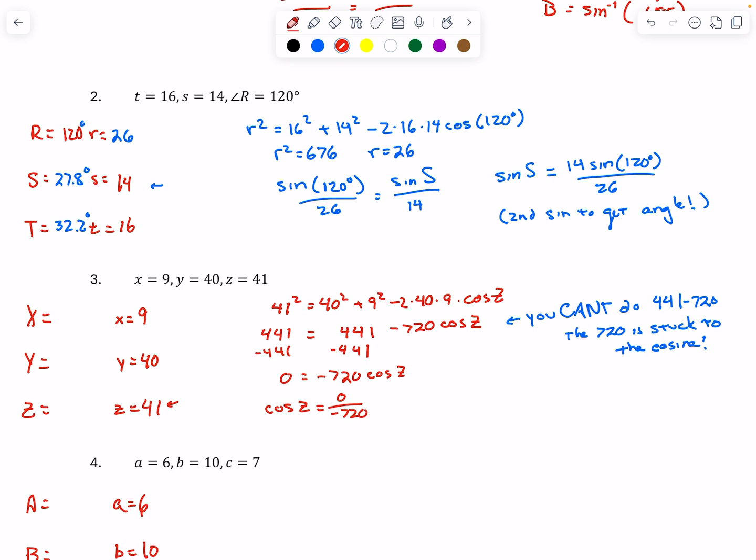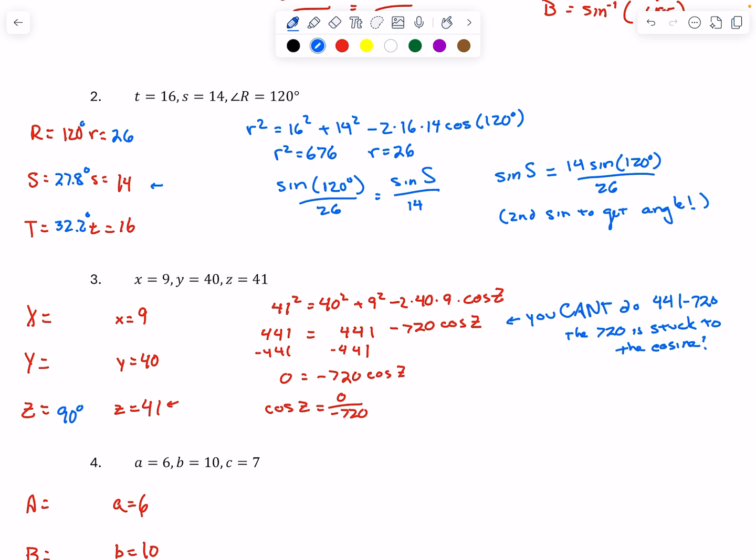No, you don't. Remember, cosine of 90 degrees is 0. So z is 90 degrees. Oh, it's a right triangle. 9, 40, 41 is a Pythagorean triple. So we'll do the law of cosines again.